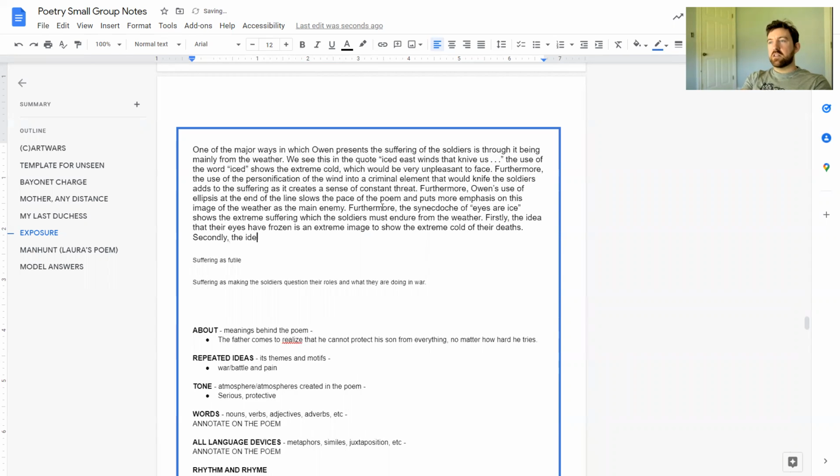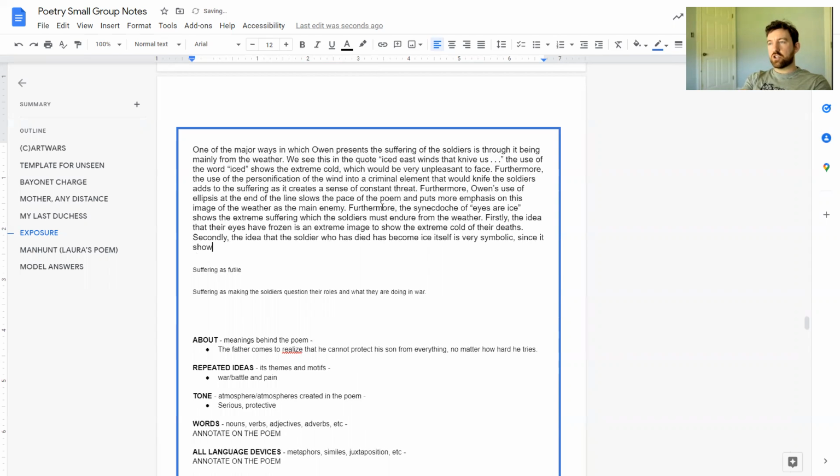Secondly, the idea that the soldier who has died has become ice itself is very symbolic, since it shows that the cold has penetrated through the soldier completely and changed who he is.